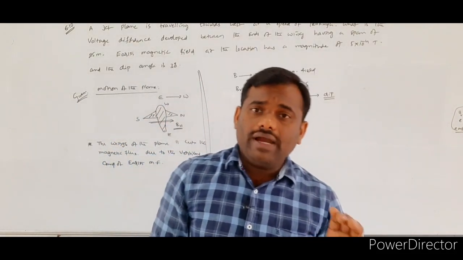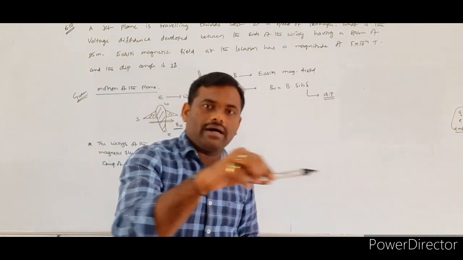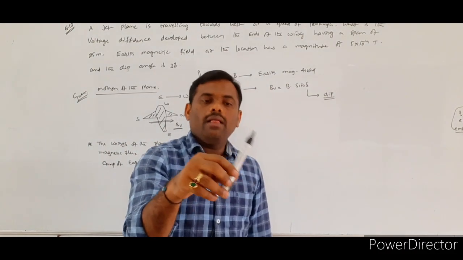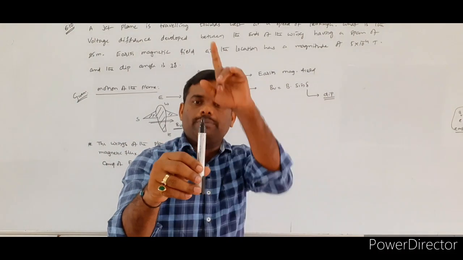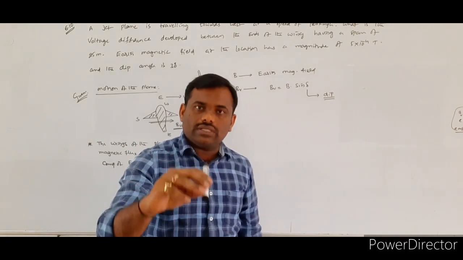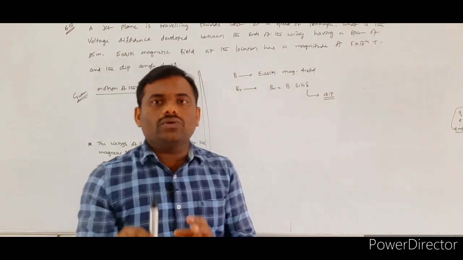Already I told, while considering the motional EMF, L is directed from south to north, BV is directed vertically upwards, and the velocity is from east to west, so all three are mutually perpendicular to each other.